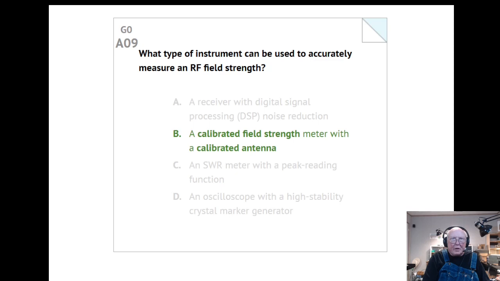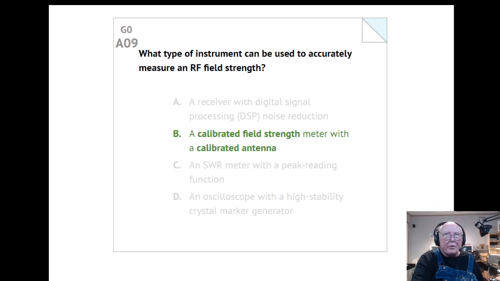And this is B. A calibrated, there's the key word, a calibrated field strength meter with a calibrated antenna. So look for the word calibrated if you get that question.